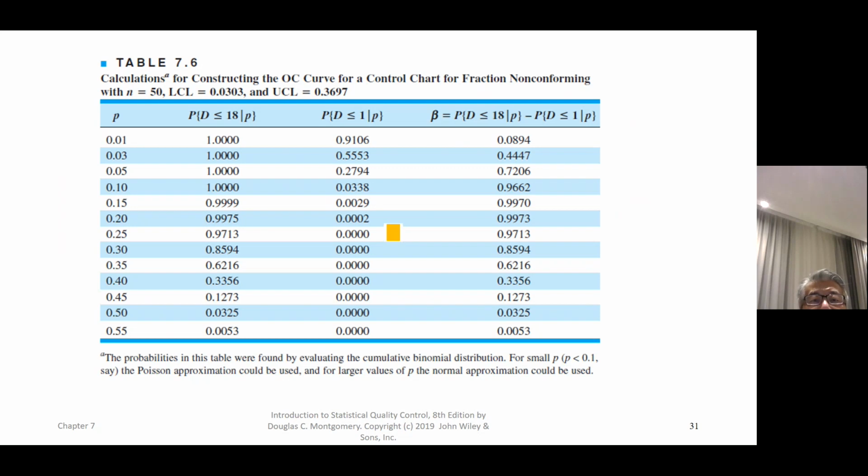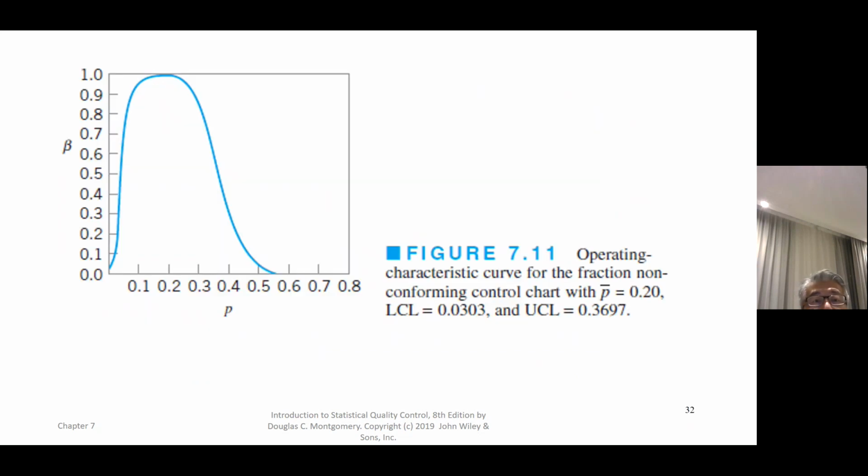As the process deviates more from the center, the average, beta decreases. So this is the graph. You can just draw this graph by yourself.